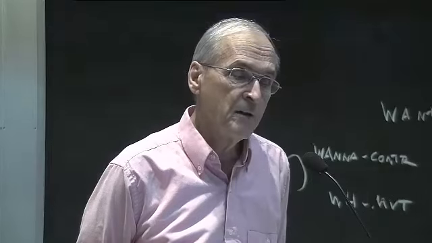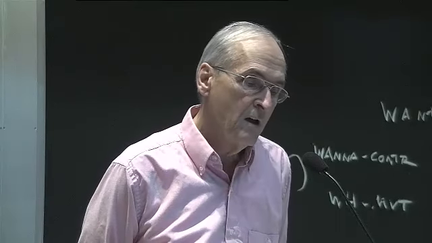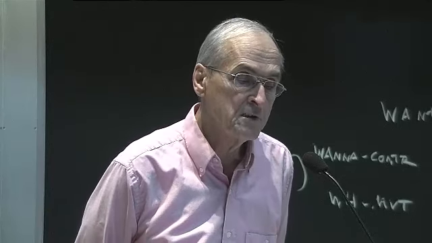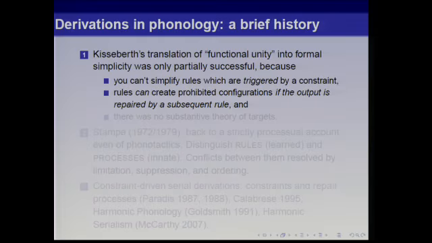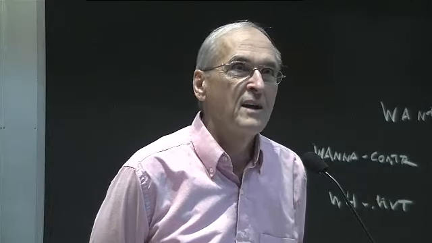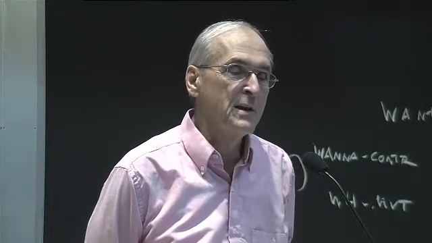However, this only was partially successful because you can't simplify rules which are triggered by a constraint, and there were cases where you apply the rule and then have later repairs, and finally, because of a lack of substantive constraints on targets. So then followed a kind of period of confusion and experimentation.